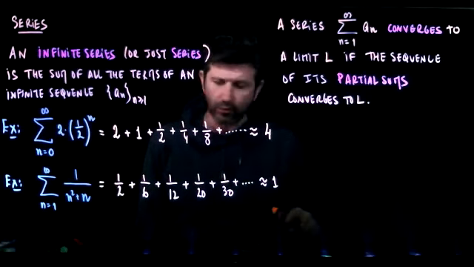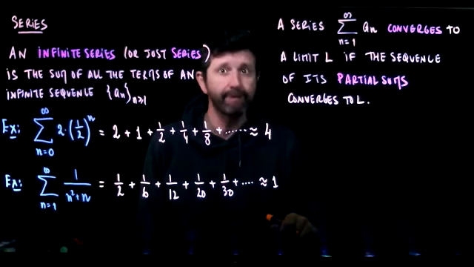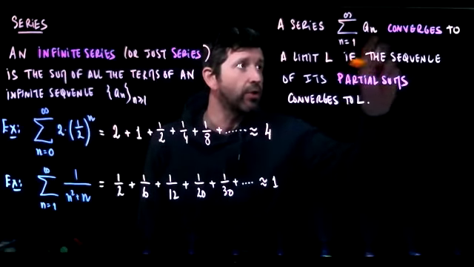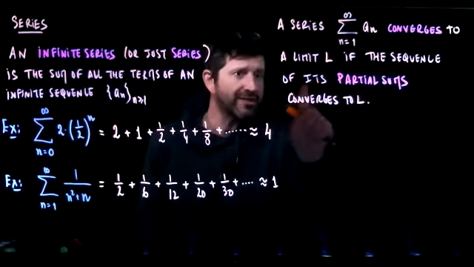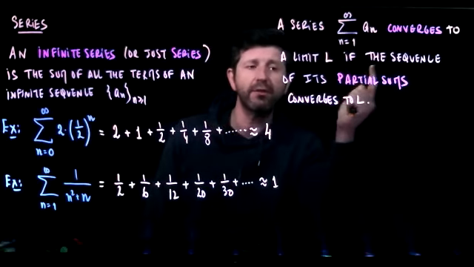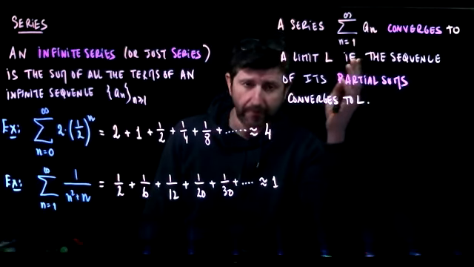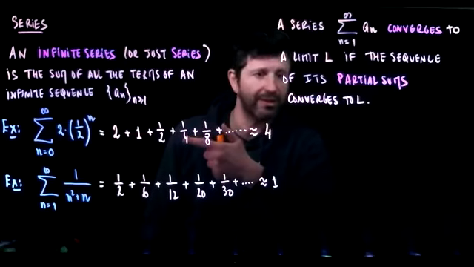Let me explain this to you. A series converges to a certain sum or limit L if the sequence of its partial sums converges to L. I don't know what a converging series means for now, but I do know what a converging sequence means. We talked about that last class.